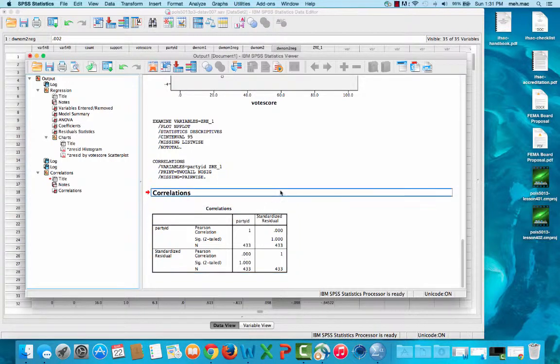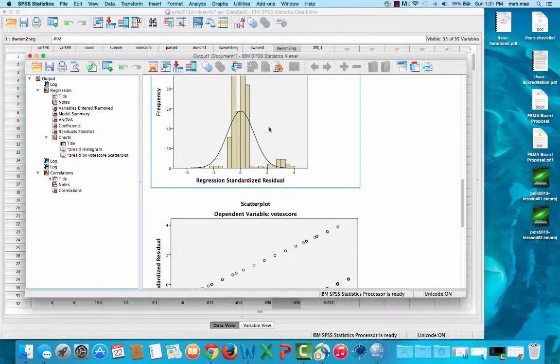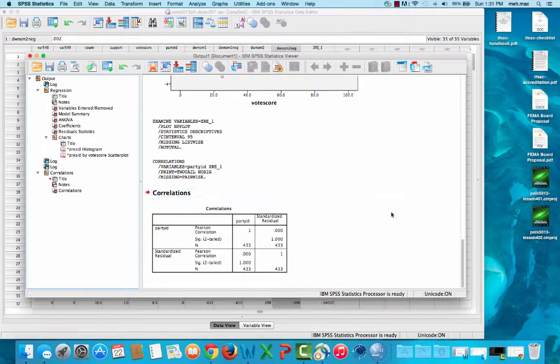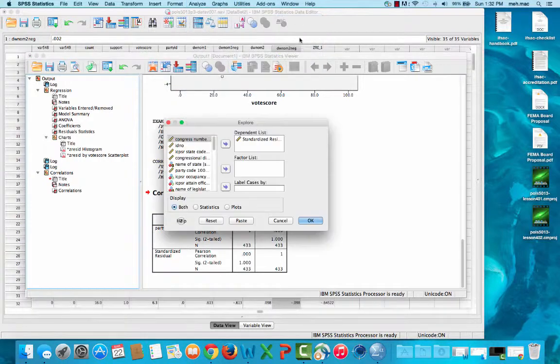Let's go back to the normality assumption and take a quick look at it. We can run a few things to determine whether it's normal or not. We can go up to Analyze, Descriptive Statistics, and click on Explore. I've already got this one in here, but let me show you what we do.